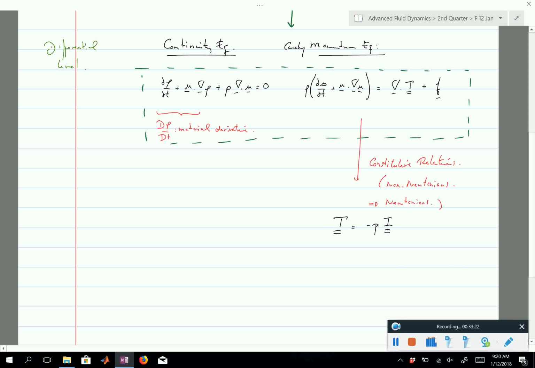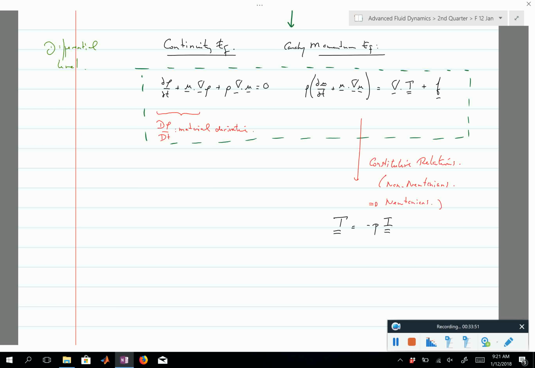The pressure represents an isotropic stress which will always develop inside of the fluid when either the flow geometry or whatever the boundary condition tends to want to compress or extend the fluid. The only stress which can develop in a fluid in a static configuration, so when there is no motion, is an isotropic stress, and that is what the pressure is.